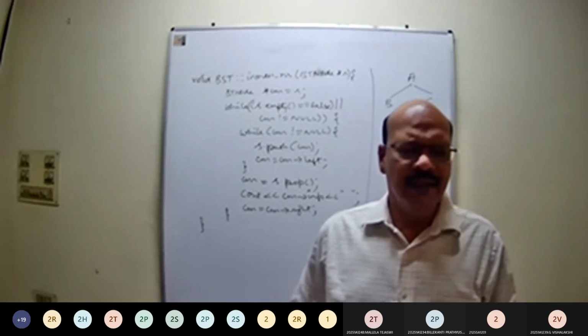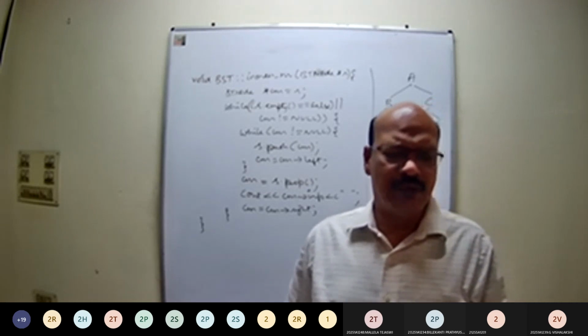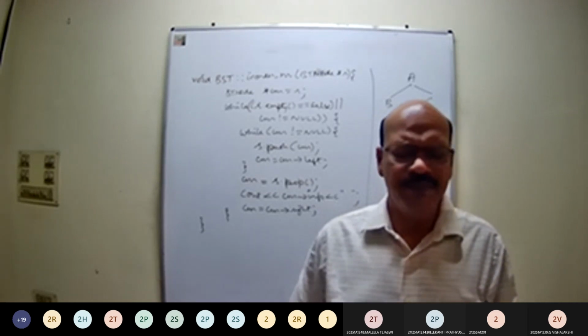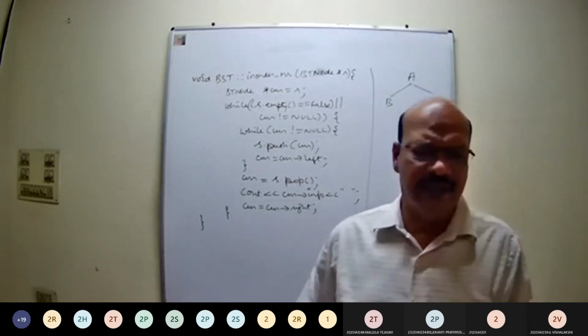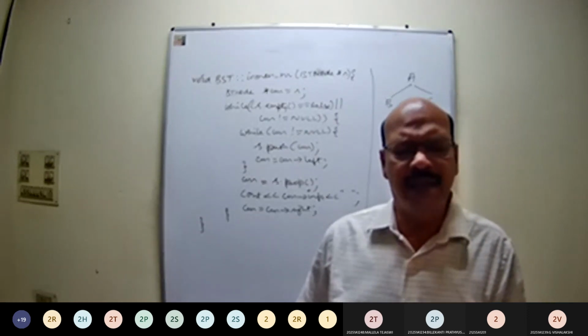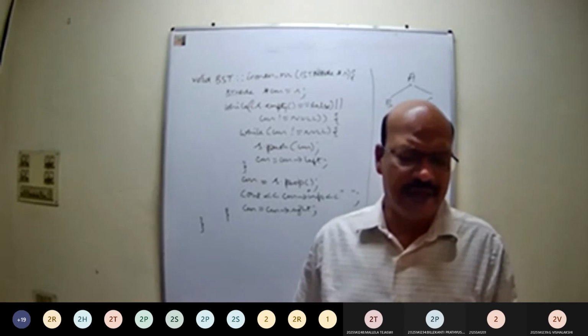So while discussing the stack applications, I discussed recursive function calls also. Now, in this class, we will see, without using recursion, how we can implement a binary tree traversal.